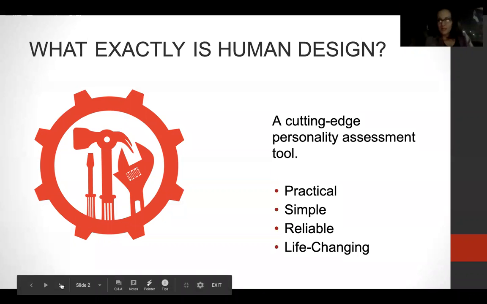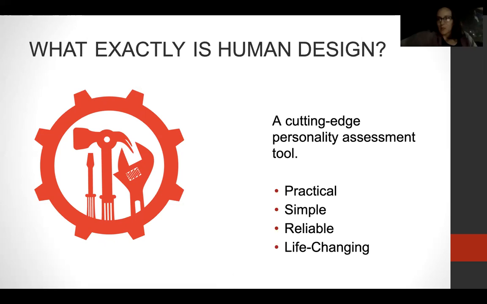So what is human design? It is a cutting edge personality assessment tool. It is practical. It is simple when you understand it. It is reliable, and it can absolutely be life-changing if you let it be. That is one of the most consistent things that we hear from people, is when they understand what the symbols and the numbers and the words mean and their unique chart, it absolutely changes their life.